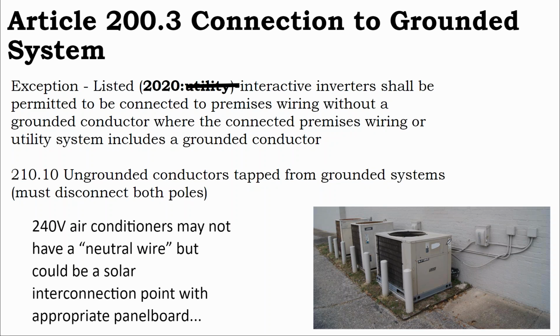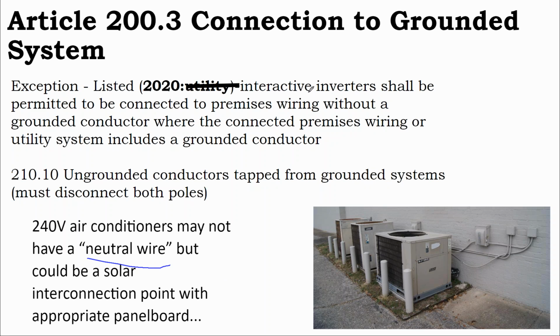But the air conditioning unit's perfectly balanced, and a 240 volt solar inverter is perfectly balanced, and most 240 volt devices, by nature, are perfectly balanced. And so sometimes 240 volt devices don't have a neutral wire because they don't need them.